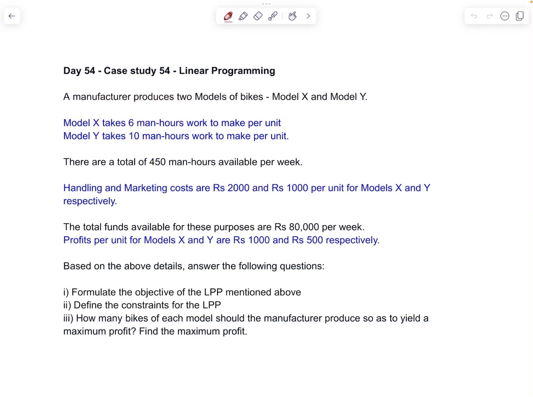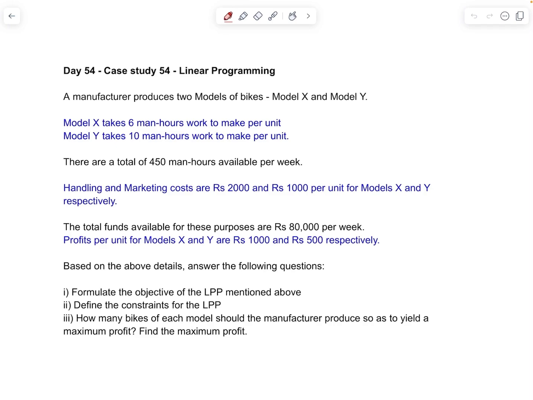The question goes like this: a manufacturer produces two models of bikes, Model X and Model Y. Model X takes 6 man hours of work to make per unit. Model Y takes 10 man hours of work per unit. There are a total of 450 man hours available per week.